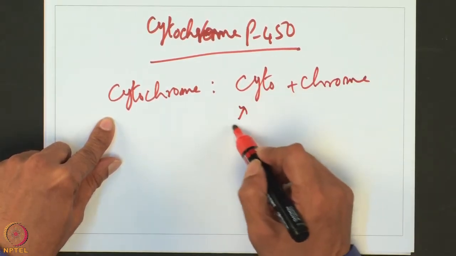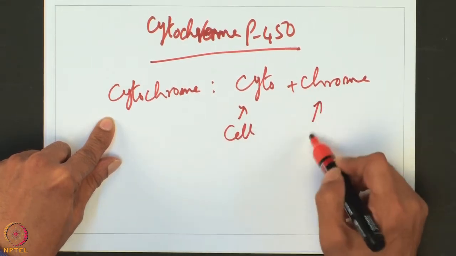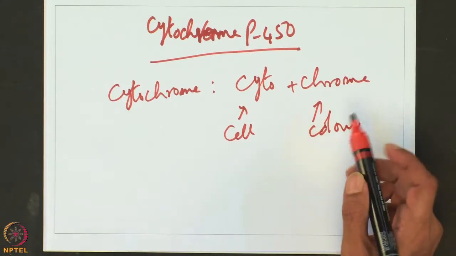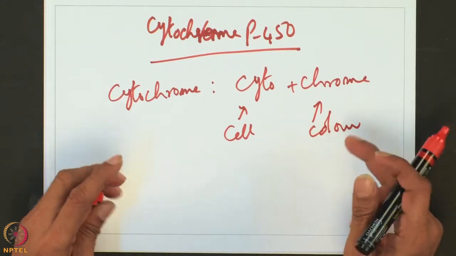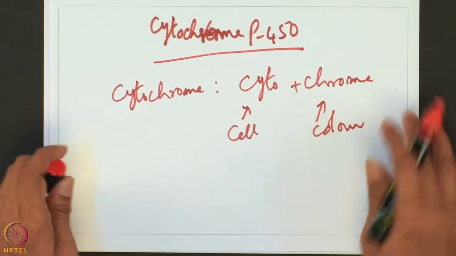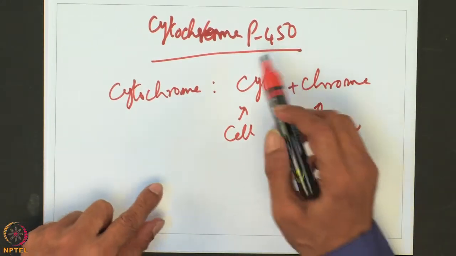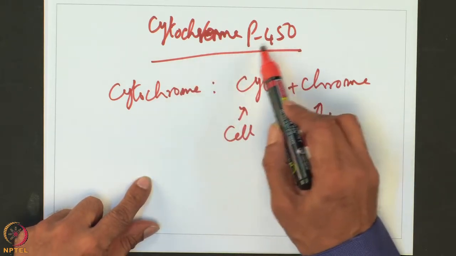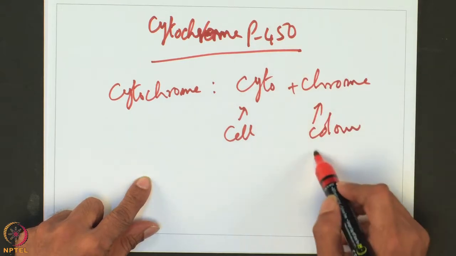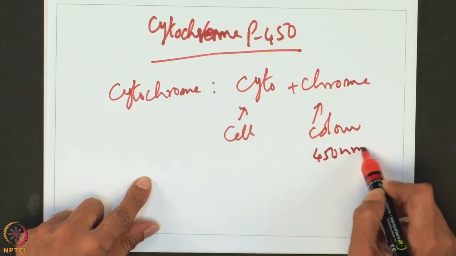Cyto is cell and chrome is color. So, these are cellular proteins with color, and the color comes from absorption in the nanometer range, and in cytochrome P450, 450 is the absorption in nanometers.